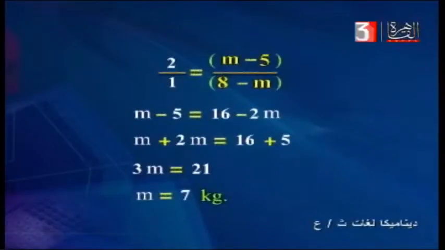Now the required is the magnitude of the acceleration c. Then we can substitute in equation number 1. We find that m times c equals 9.8, or 7c equals 9.8.